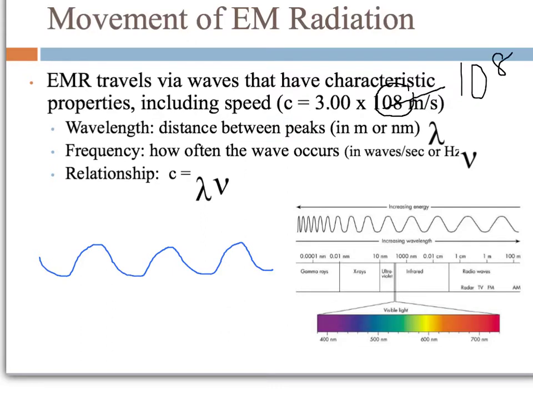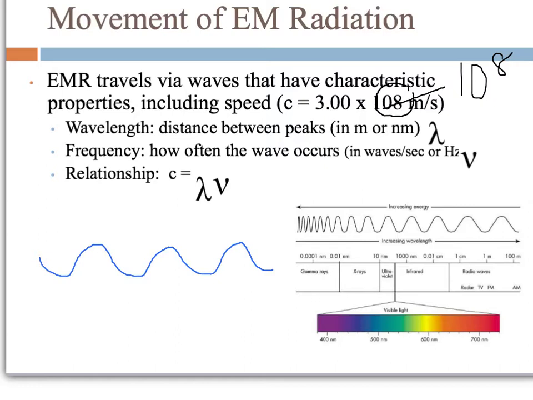Light travels at a speed of about 3 times 10 to the 8 meters per second, which is obviously very, very quickly. And that is consistent regardless of the color of the light, the type of the light, whether it's UV light or X-ray light. It all travels at the same approximate speed.